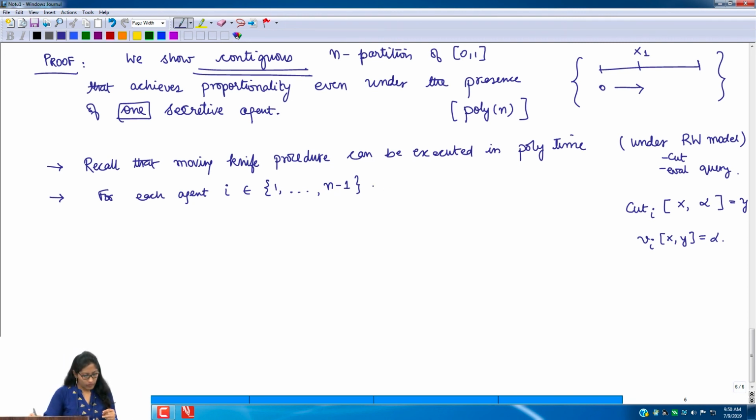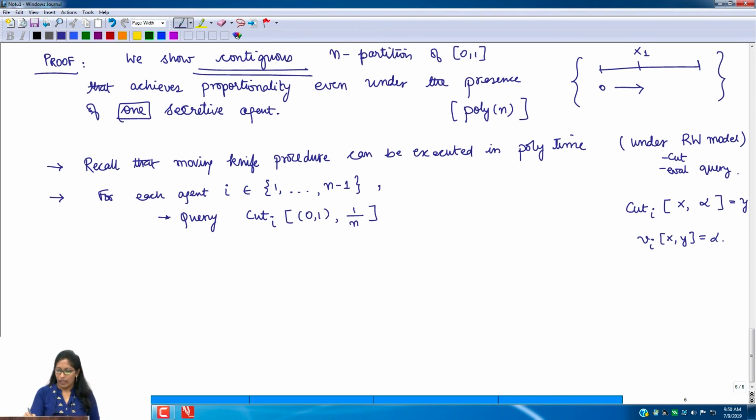So for each of the first n minus 1 agents, I'll query that: make a cut in this cake where you get 1/n of your valuation of the whole cake. It's exactly similar to the moving knife procedure, but I ask everyone to make this particular cut.